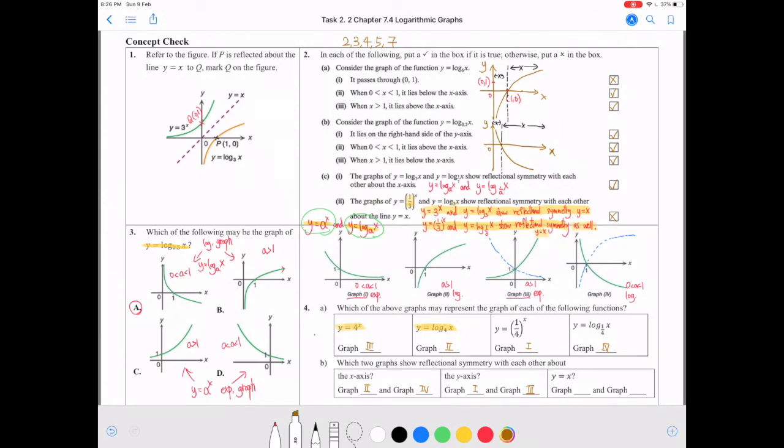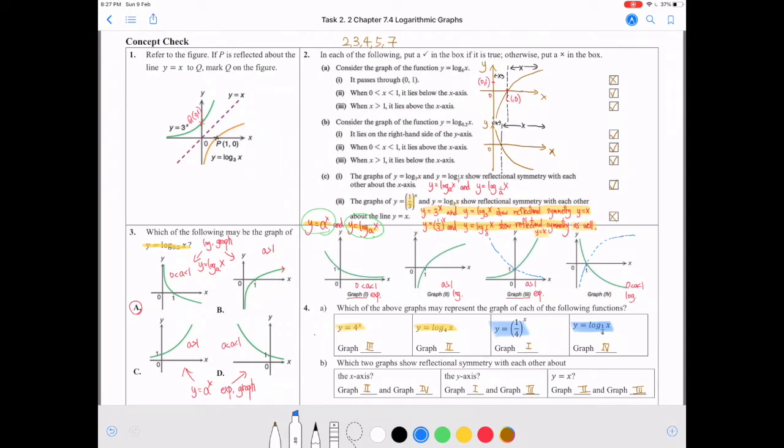So that means it should be the second graph and the third graph. But how about these two? y equals 1 over 4 to the power of x and y equals log base 1 over 4 of x.